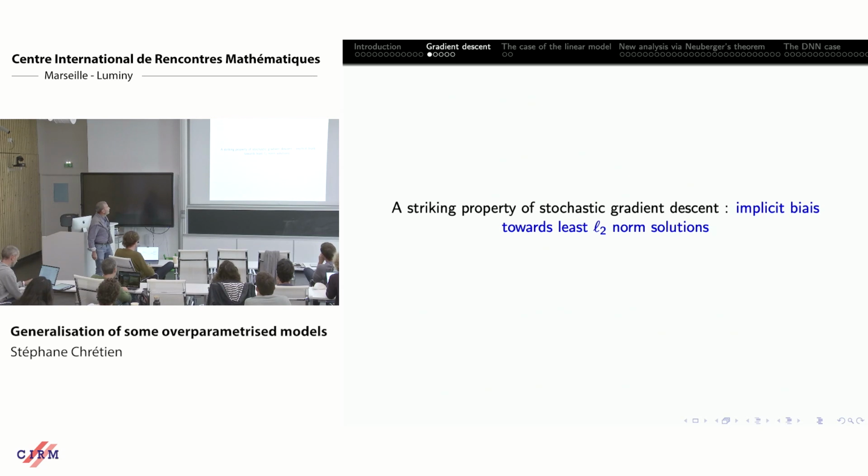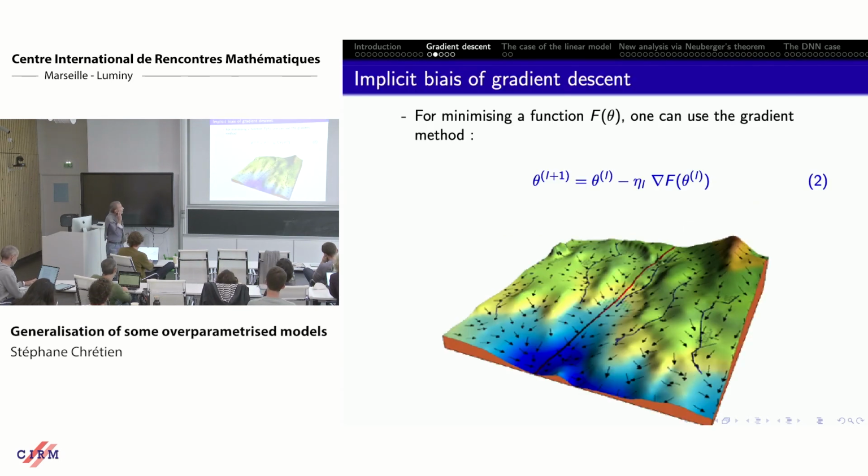So let's now turn to something very interesting, which is a property of stochastic gradients, which is very famous. It's called implicit bias. I will not drill into this for too long, but as you know, the gradient descent method is very interesting.